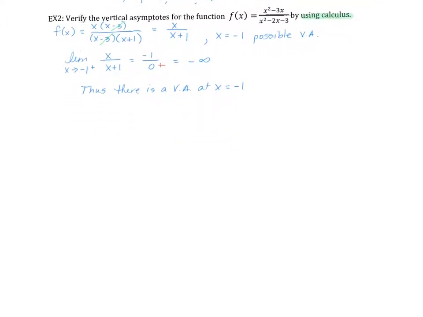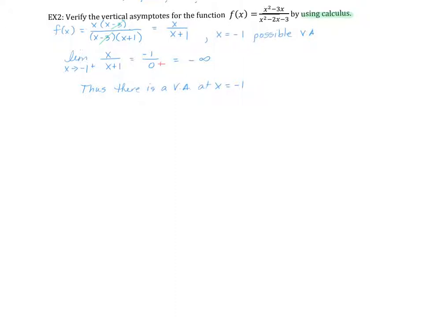So let's just say that you forgot to cancel, and you had f of x equal to x squared minus 3x over x squared minus 2x minus 3. And you remembered from algebra that all you had to do was take that denominator, x squared minus 2x minus 3, and figure out what x values make it equal to 0. So you would factor and get x minus 3, x plus 1 equal to 0.